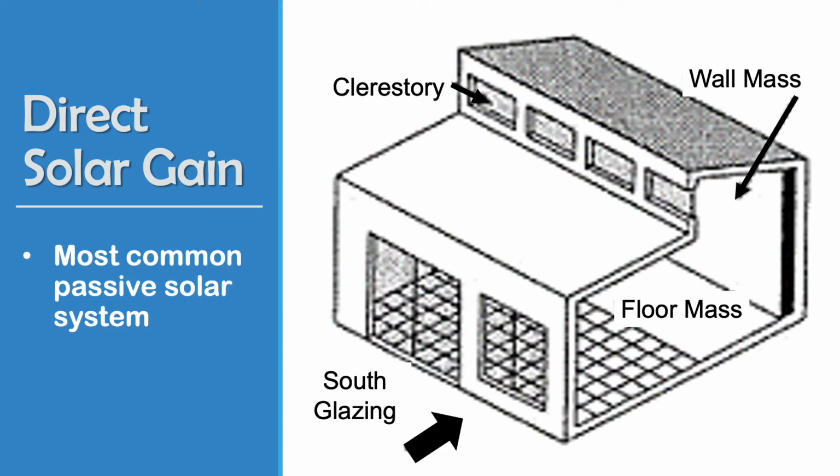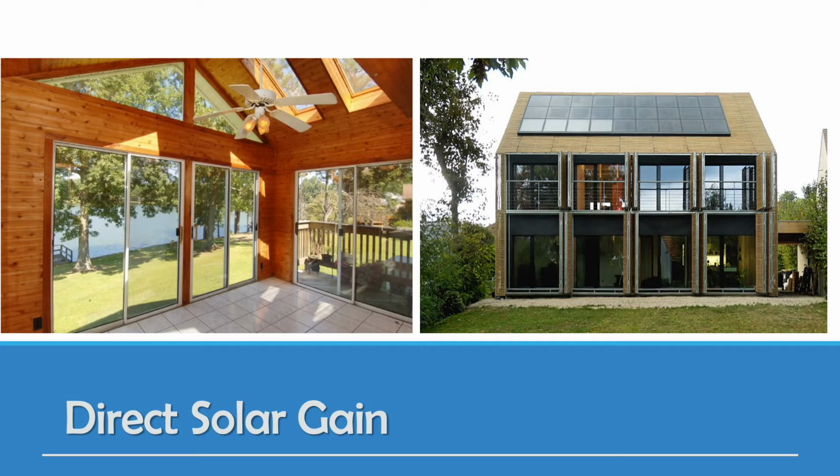We have thermal mass in the illustration we see here. Because we have a clerestory, we're also taking advantage of the wall in the back as well as the floor. Here's some images of some homes that have been designed for direct solar gain. Again, the one to the right, there's two things happening there.